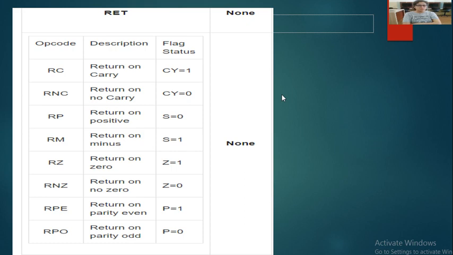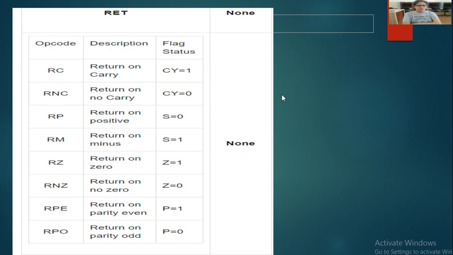So if the result is positive, the value of the sign flag remains 0. Next is RM. Return on minus. Return if the result is negative. So in that case, if the result is negative, the value of the sign flag remains 1. Always the sign flag 1 means the result is negative.